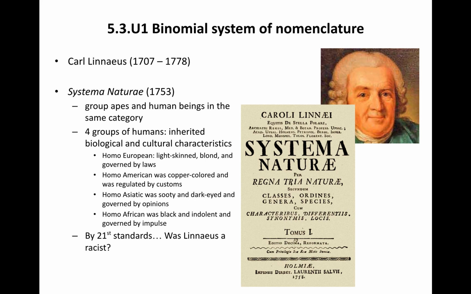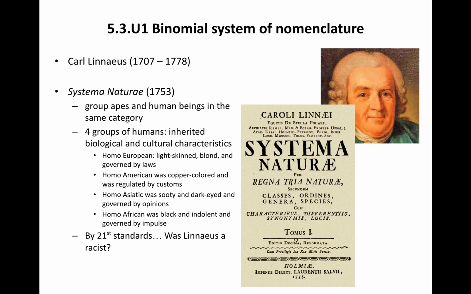He also had 4 human groups, so there was the inherited biological but also cultural characteristics, he said. So Homo European are light-skinned, blonde, and they're governed by laws, where Homo American was copper-colored and was regulated by customs. Homo Asiatic was sooty and dark-eyed and governed by opinions, and Homo African was black and indolent and governed by impulse.